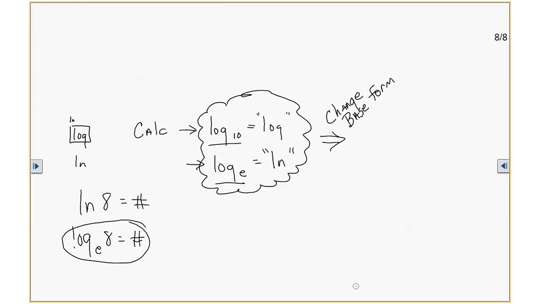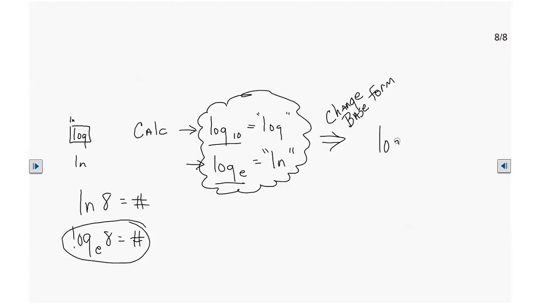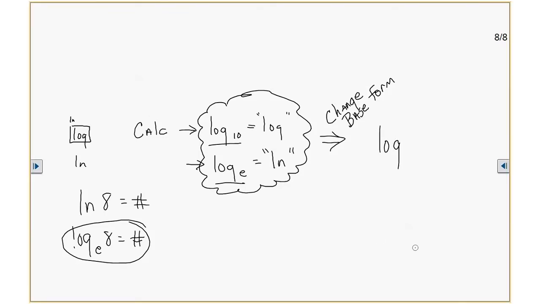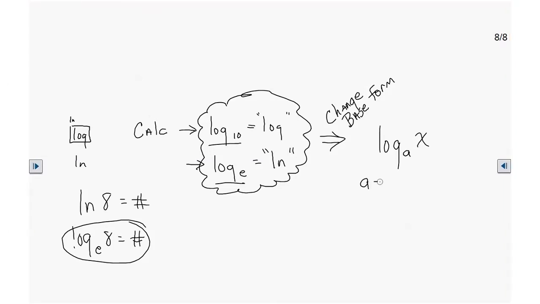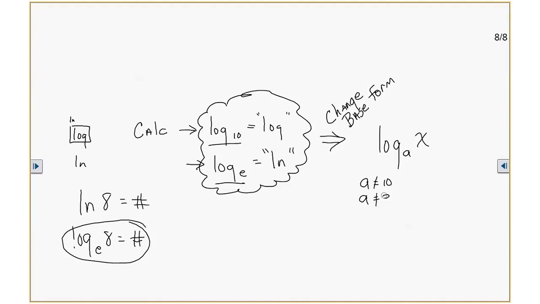If I have log base A of X, and A is not equal to 10, and A is not equal to E, I can't calculate it within the calculator.